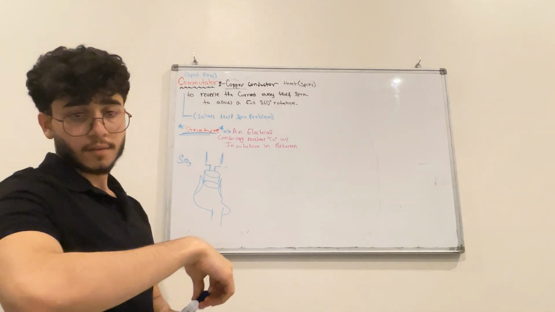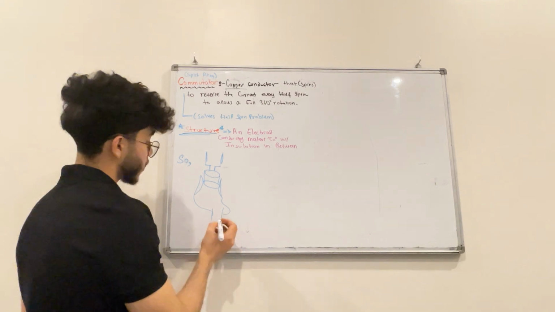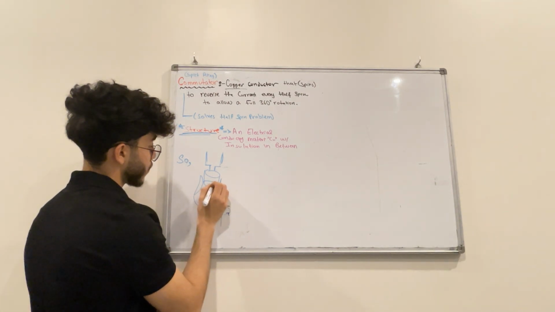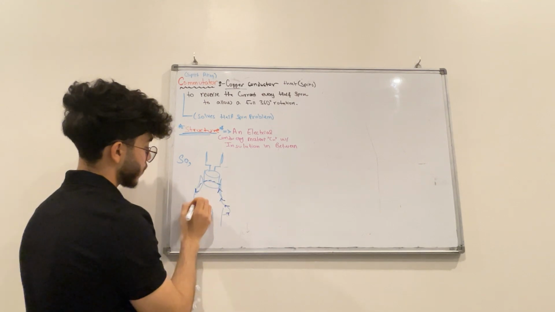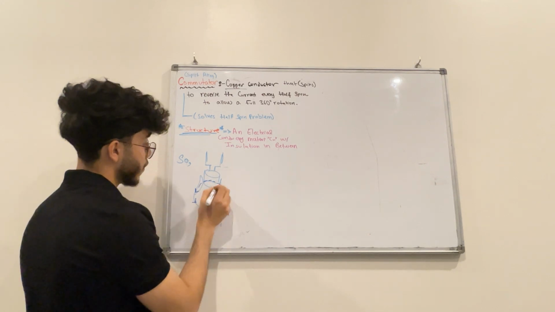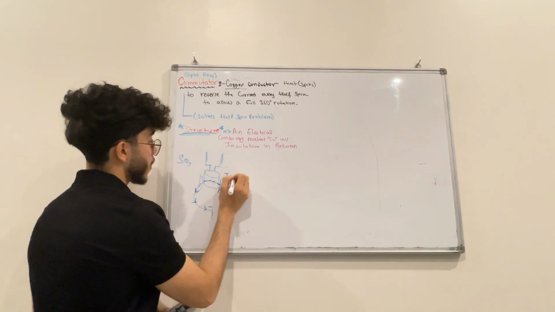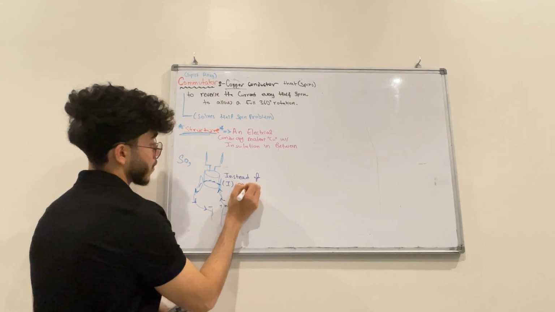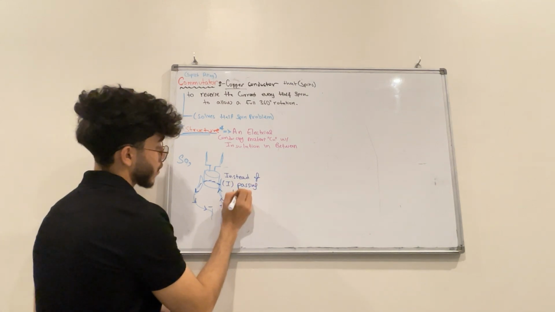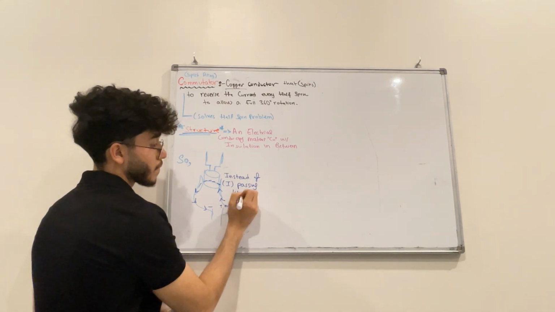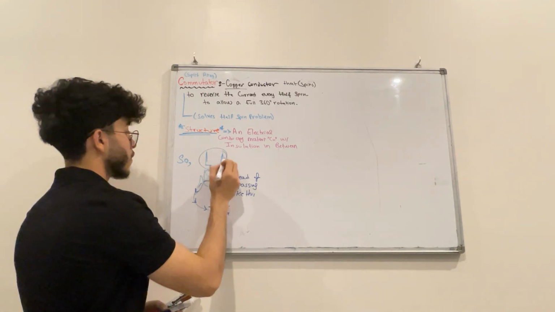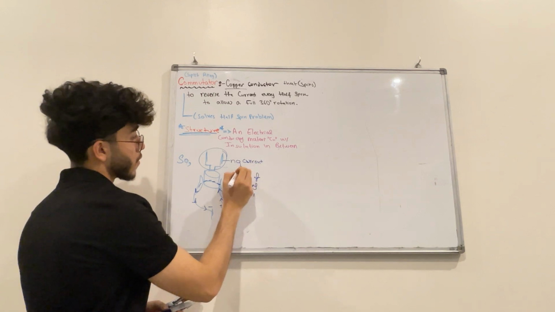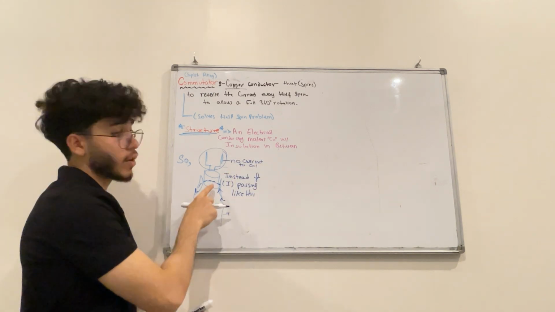Instead of the current passing like this, positive and negative, instead of current passing like this, in which there is no current to the coil, because there is no insulating material.